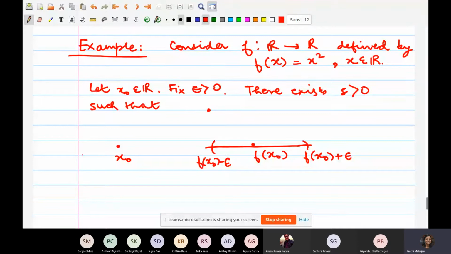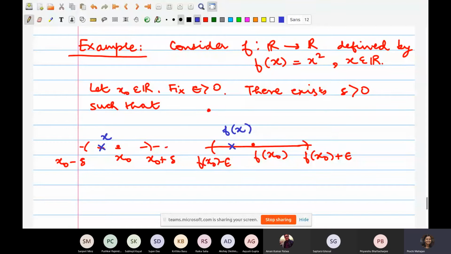A delta makes sure that if I restrict my attention to the delta neighborhood of the point x naught, and if I pick any point in that delta neighborhood, then f must take that point to within this prescribed epsilon neighborhood. If that happens for every point of the real line, we would say that the function f is continuous.